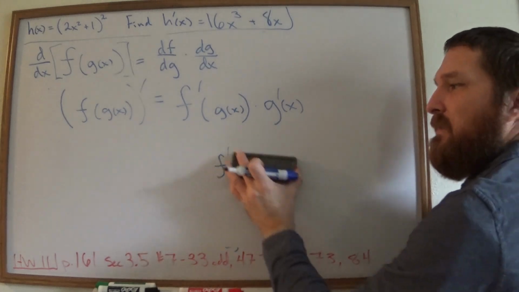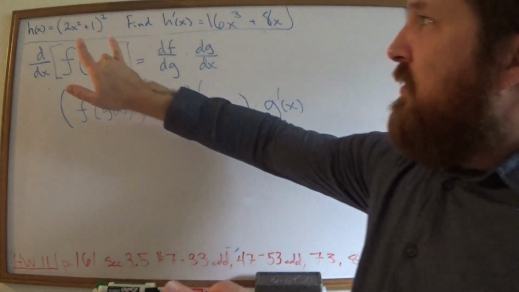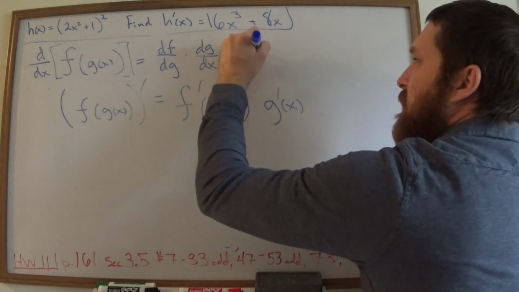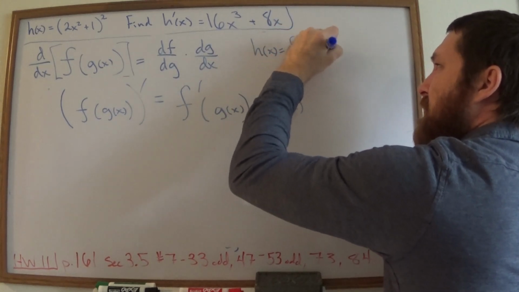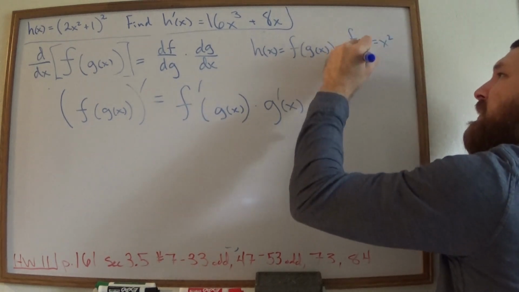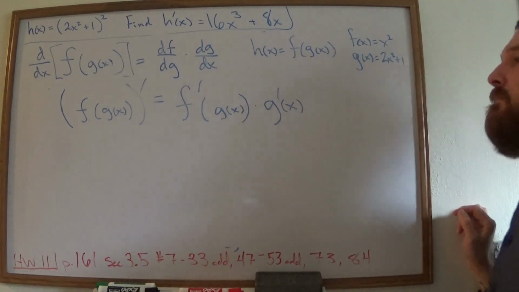You'll see that in just a second when I demystify all of this stuff. So this thing right here, let's go back to h. We said h of x was the same thing as f of g of x, where f was x squared, and g was 2x squared plus 1.